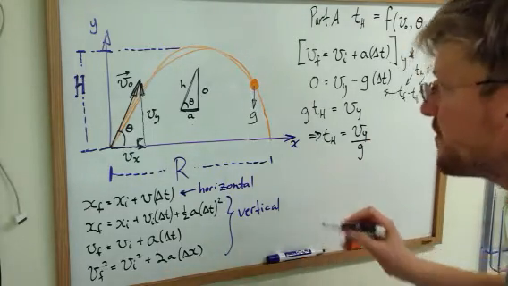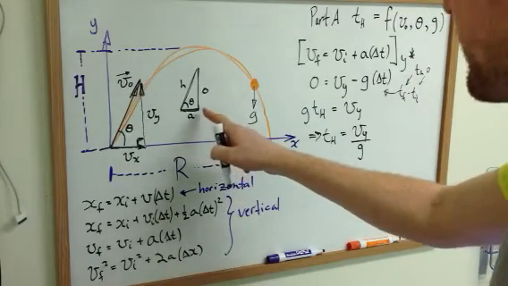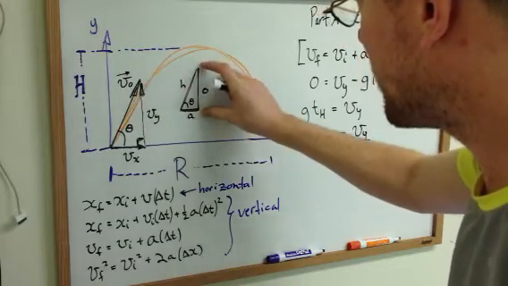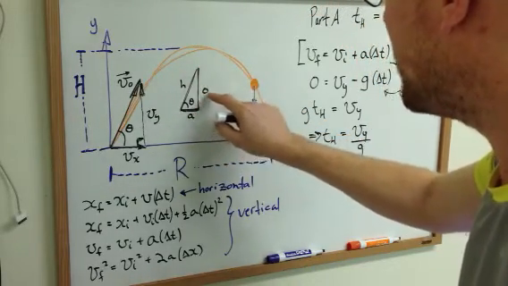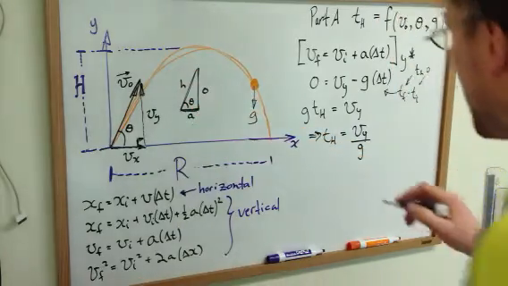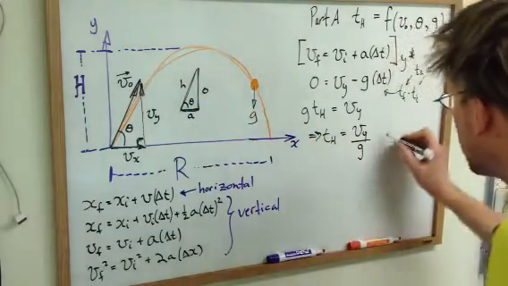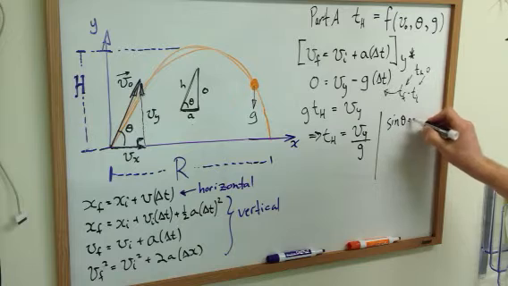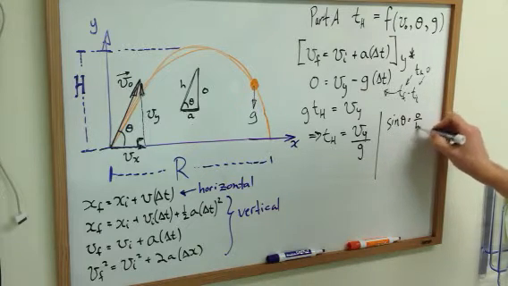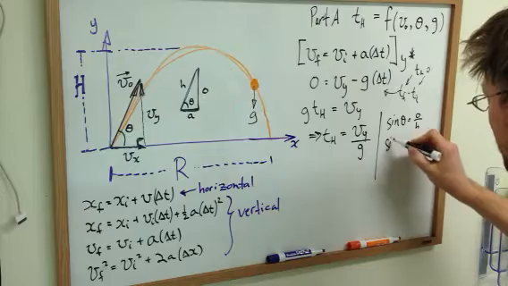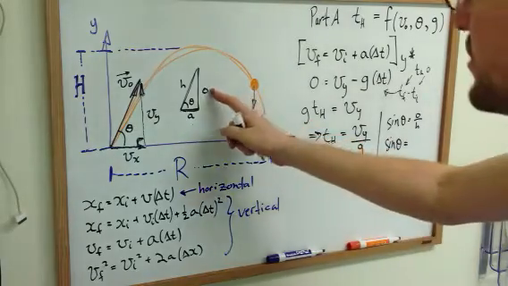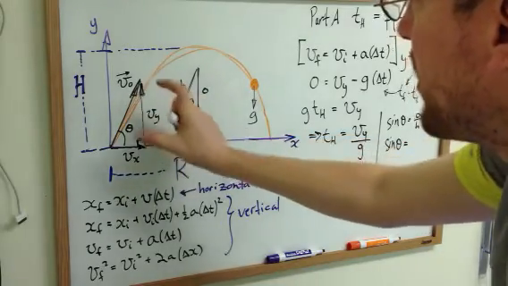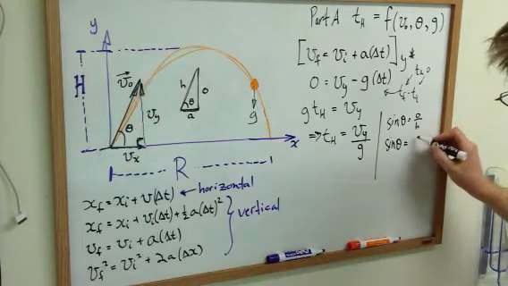So what is Vy? Let's look. It's proportional to the opposite side of this triangle. And to relate the opposite, the hypotenuse, and theta, I can write, and this is a little aside here, sine theta is equal to opposite over hypotenuse. So sine of theta is also equal to Vy, the magnitude of Vy, over the magnitude of V naught.